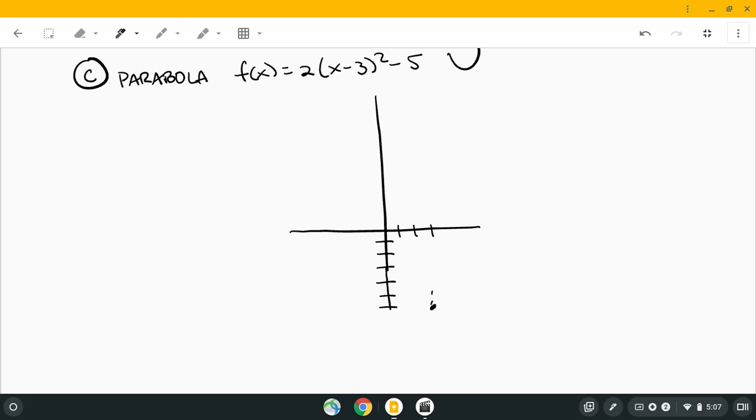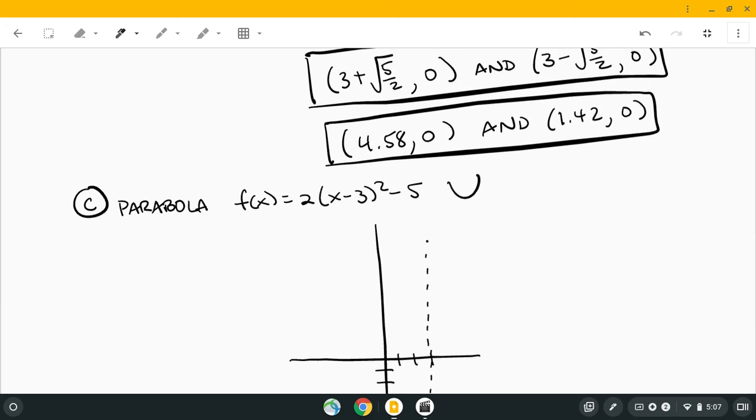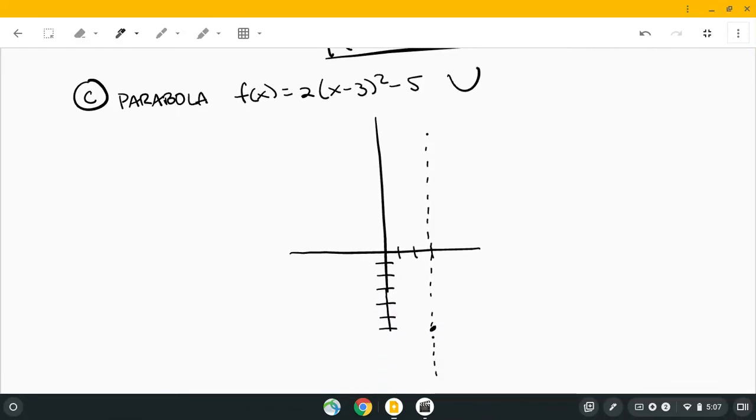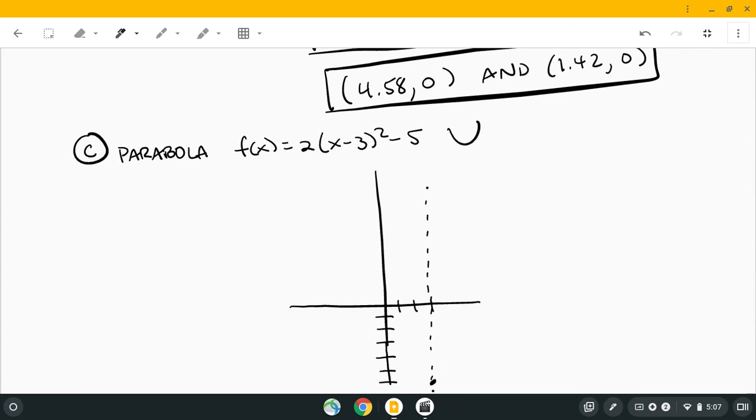I always like to draw a line of symmetry through my vertex so that I know that one side will mirror the other. Okay. All right. And what else do we know from that last problem? 4.58 and 1.42 are the x-intercepts. 1.42. So like right around there. 1, 2, 3, 4, 5. 4.58. So like right around there.